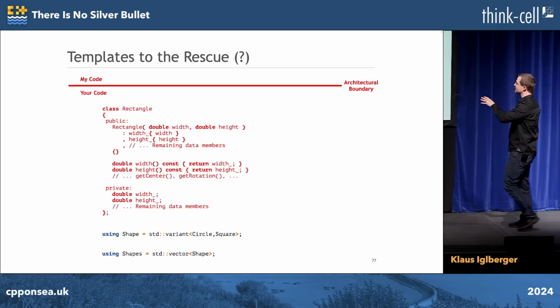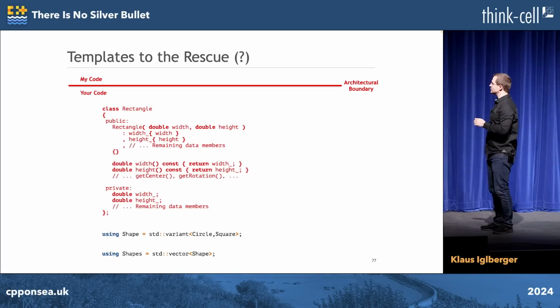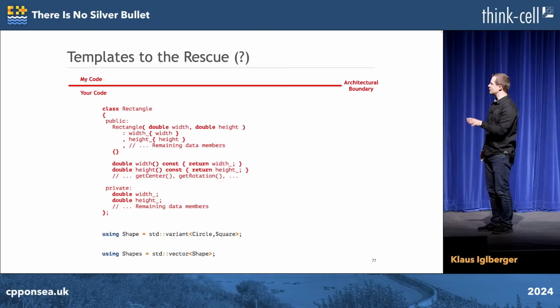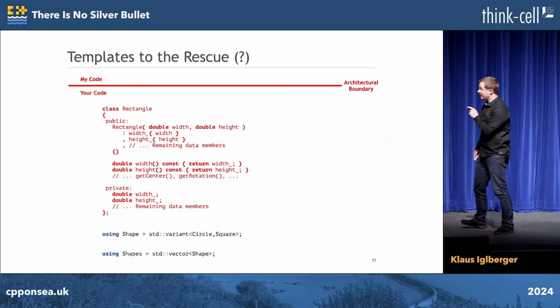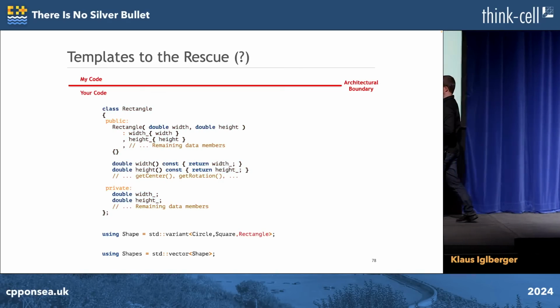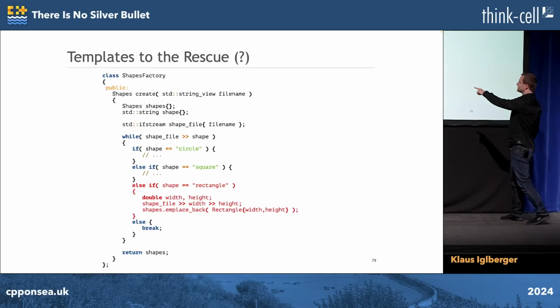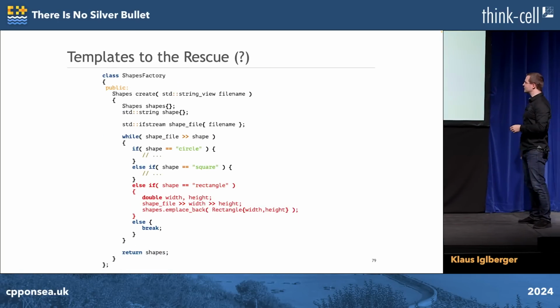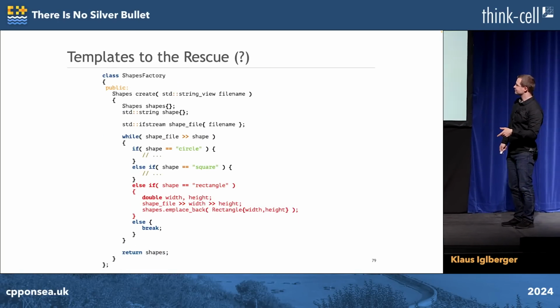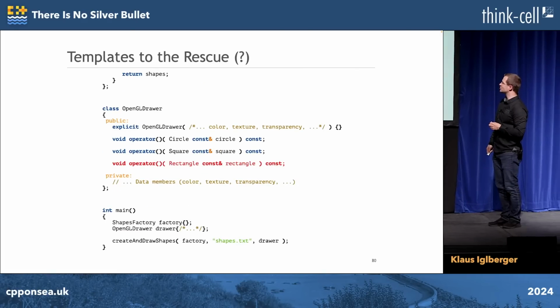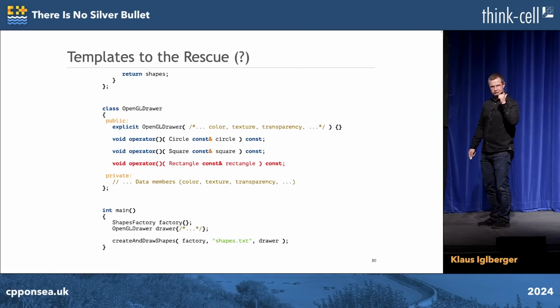You add a rectangle, which looks pretty simple with width and height, no inheritance, more value-based. Of course, you can add a rectangle parameter. This is your code, no problem. In the factory, you can also add the necessary behavior for adding rectangles. And last but not least, for drawing, you can extend this OpenGLDraw quite nicely. Good, it does work.